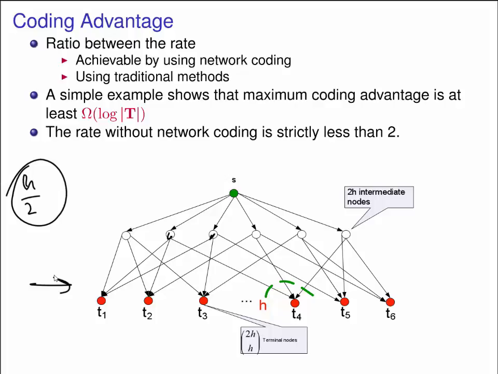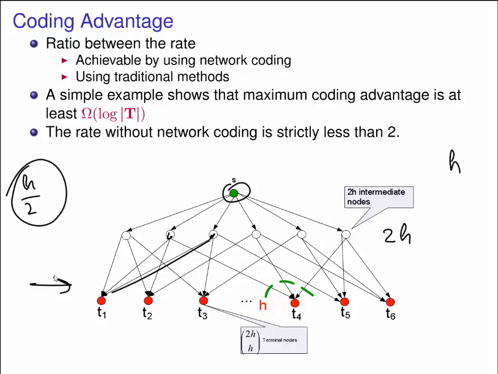This network is constructed for a given parameter h, and it has a source node S, which is connected to 2h intermediate nodes. For any subset of size h of those intermediate nodes, we have a terminal connected to this subset. For example, if we pick those 3 nodes, they will be connected to terminal T1.